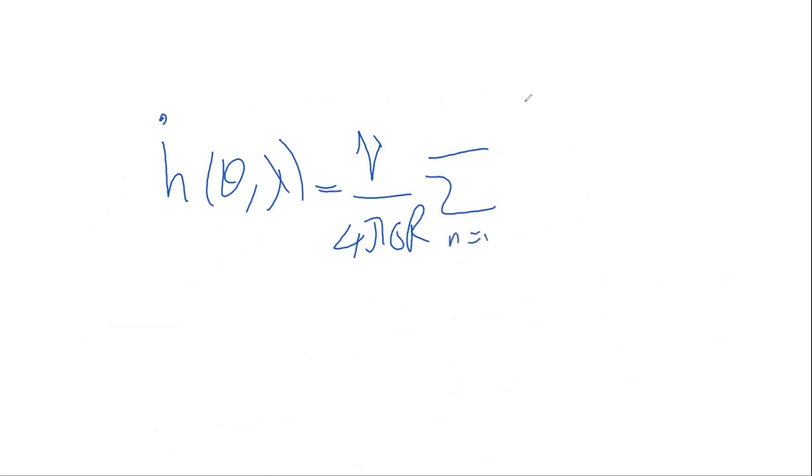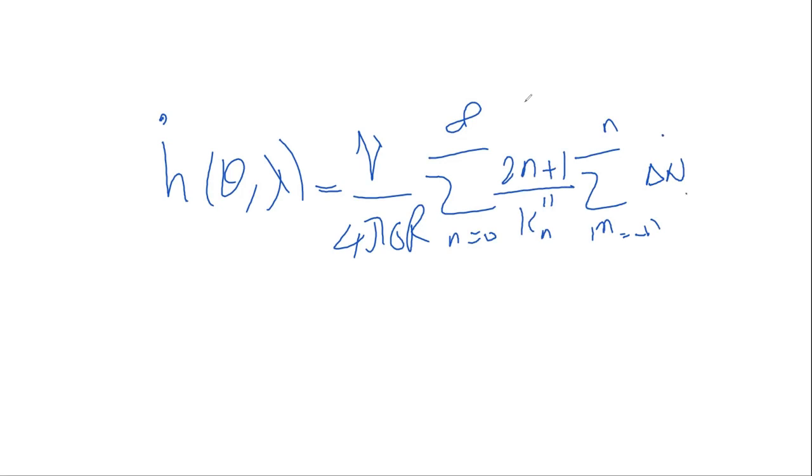So this is spherical harmonics again, and it gives you (2n+1) k_n'' (m minus n) times the speed of geoid changes y_n.